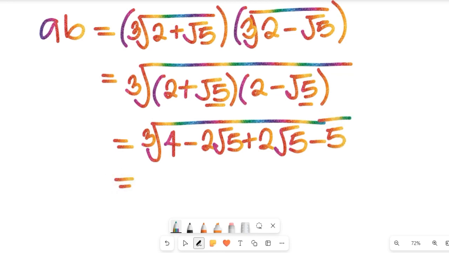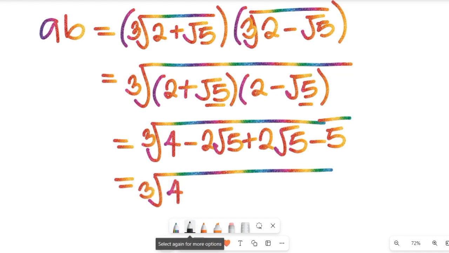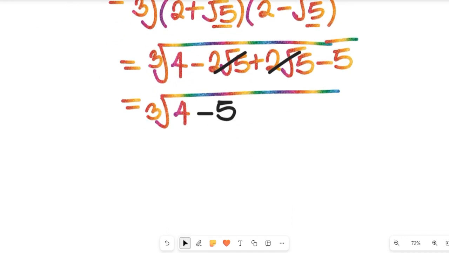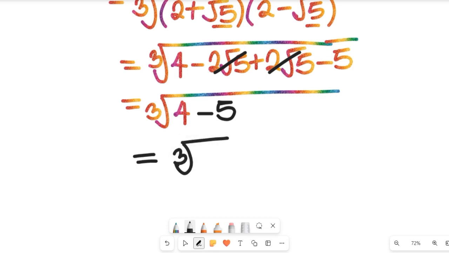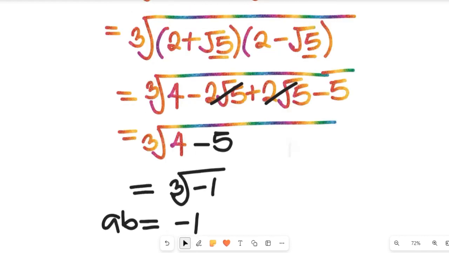So if you simplify this, we have the cube root of 4 minus 5, and 4 minus 5 is equal to the cube root of -1, and the cube root of -1 is simply -1. So our ab is equal to -1.